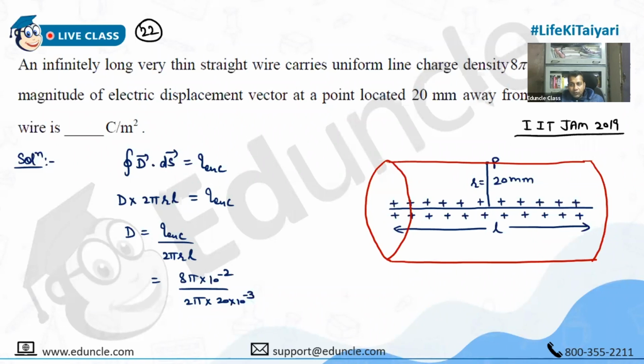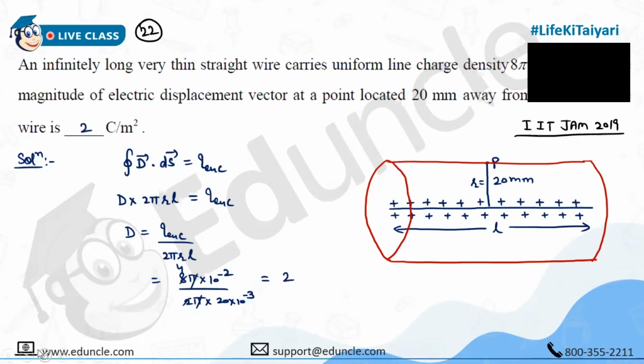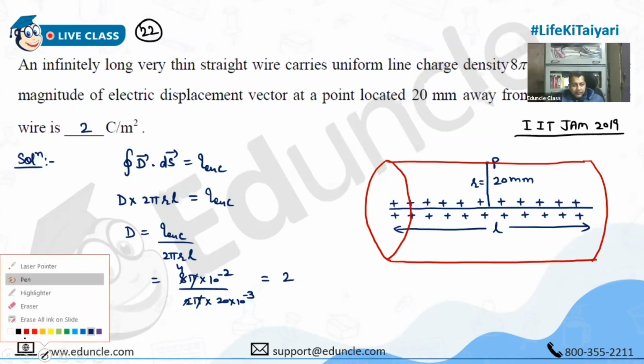So in place of Q enclosed by L, we have substituted this. It is only 2, na? Yes, sir. So it is a numerical answer type.